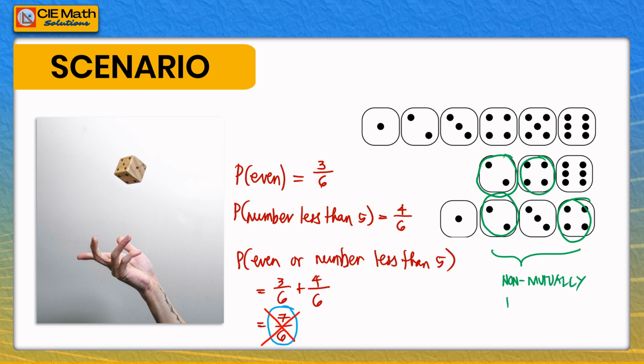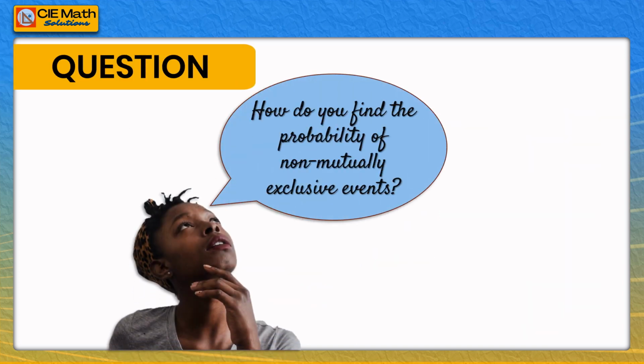So if they are non-mutually exclusive events, then we cannot use the probability rule that you simply add the probability of the first event plus the probability of the second event. The question now is, how can we find the probability of non-mutually exclusive events then?